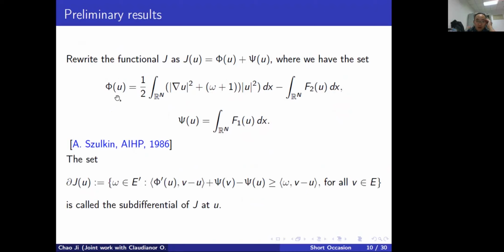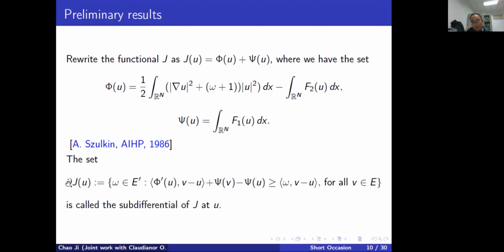Why did Schrodinger and Stuking want to rewrite the functional g in this form? Because they can use the result from this paper. In this paper, Stuking considered a minimax theory for lower semi-continuous functionals.